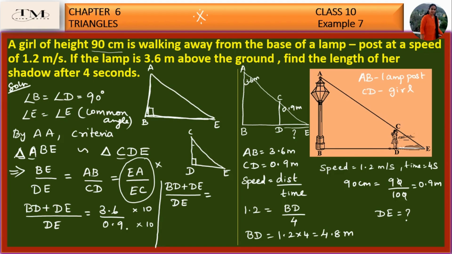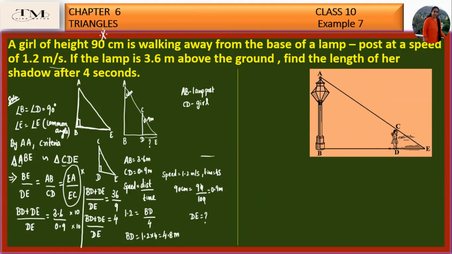So here it is before one digit, so we have to multiply by 10. If you multiply by 10, we get 36 by 9, which is 4. On the other side, we have BD plus DE divided by DE is equal to 4. Just remember this. We will move on to the next page to solve this.